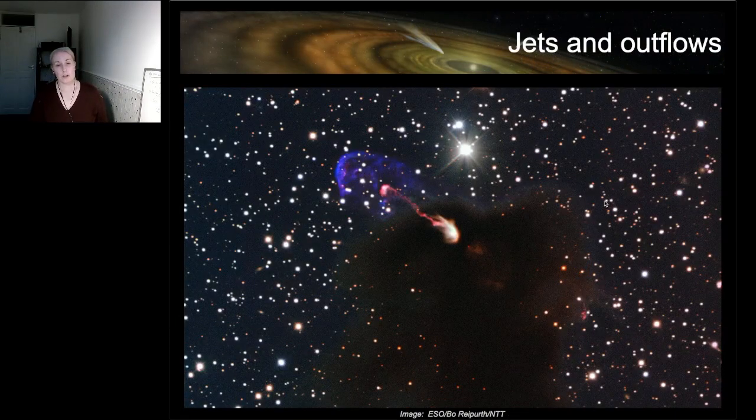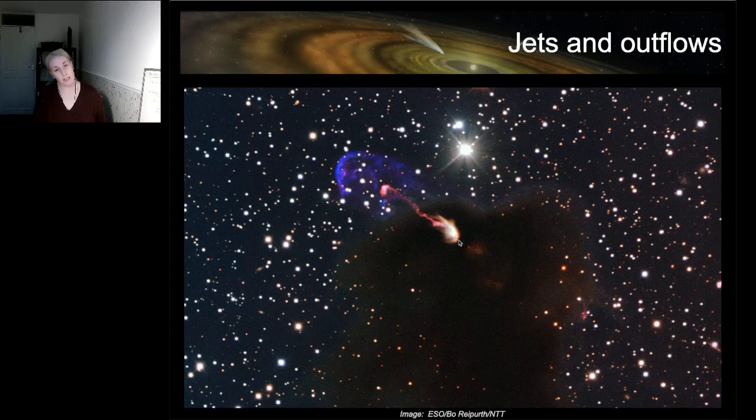So let us come back to something that I hinted at a few slides ago, and that's the origin of jets and outflows. So this is a really nice image. Again, you can see a dark molecular cloud in an optical wavelength image. In the center, we have a forming star.